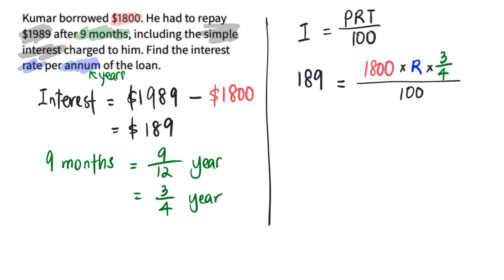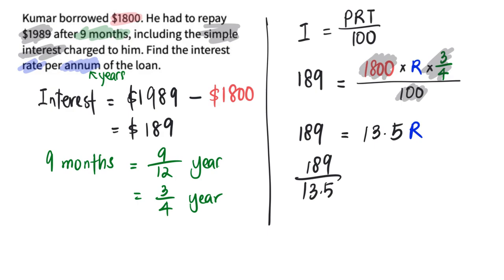Therefore, I just need to solve for my R. So 189 is equal to this times this divided by 100, and that will give me 13.5R, and therefore I will be able to find my R pretty fast.